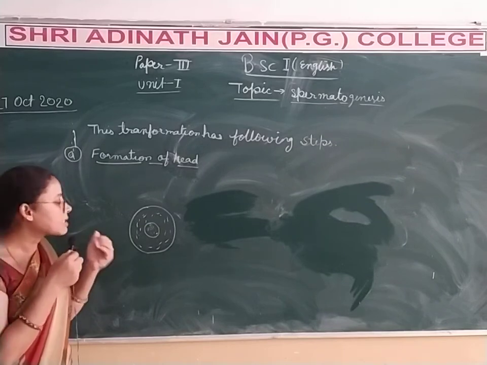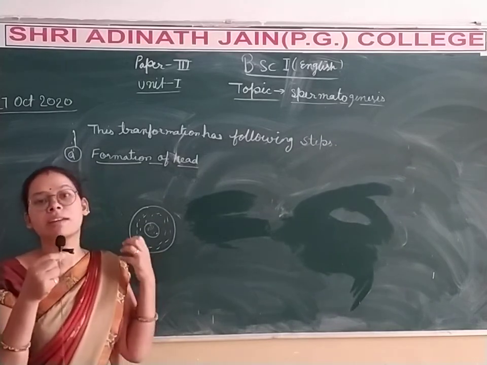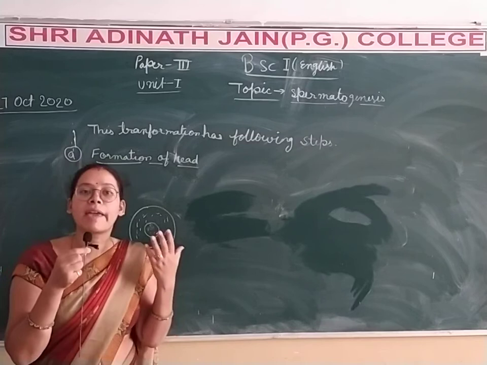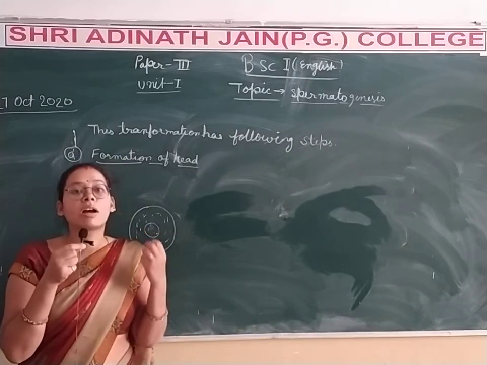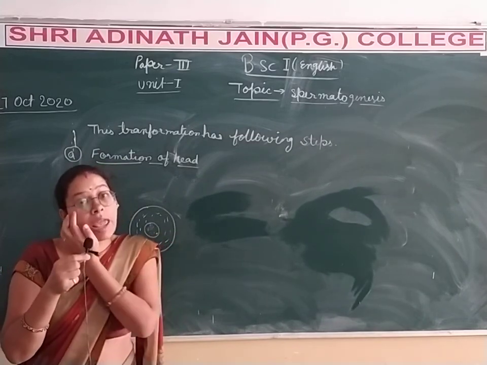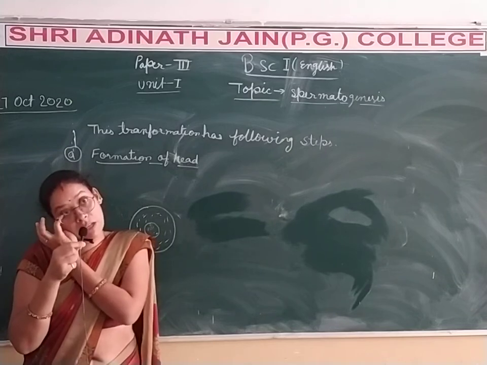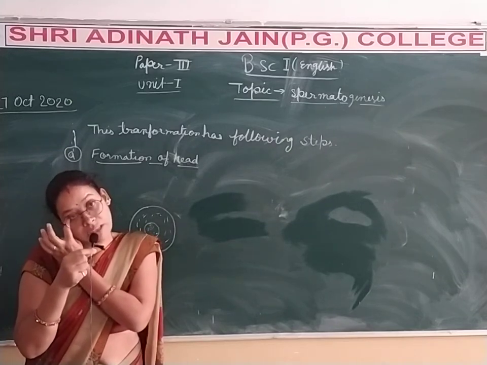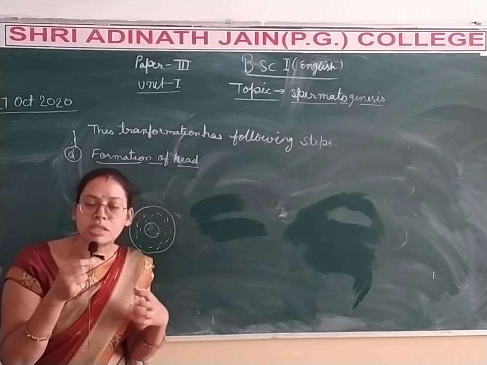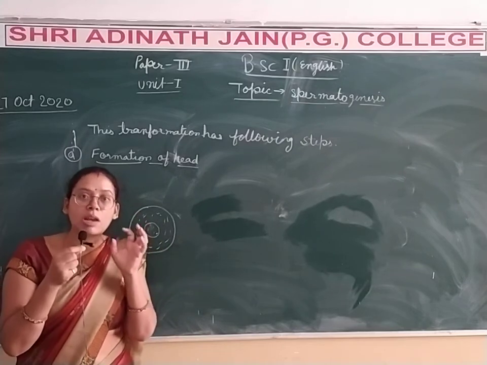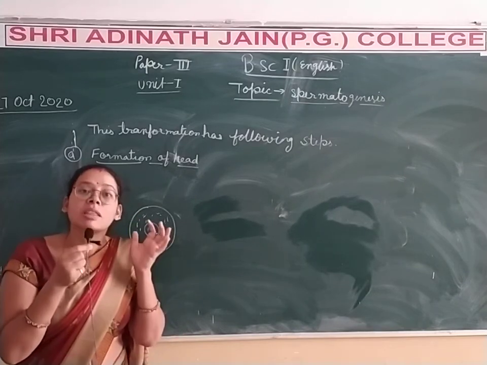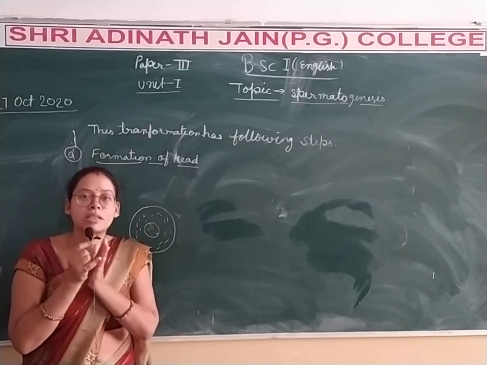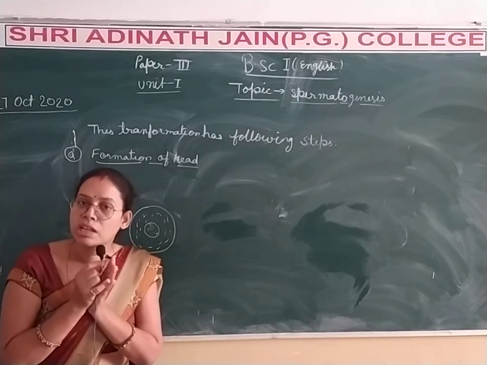So this cell loses its excess part, meaning the excess amount of cytoplasmic material is lost by the cell. By losing this material, the cell becomes a compressed and elongated structure.